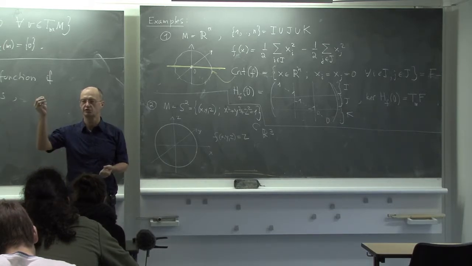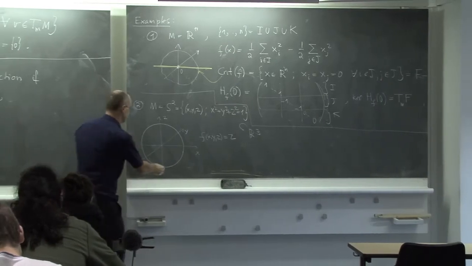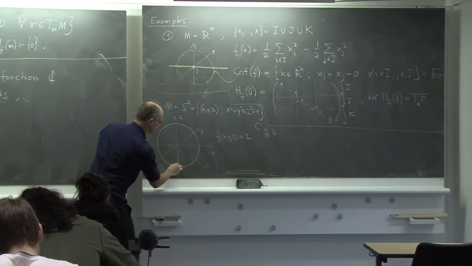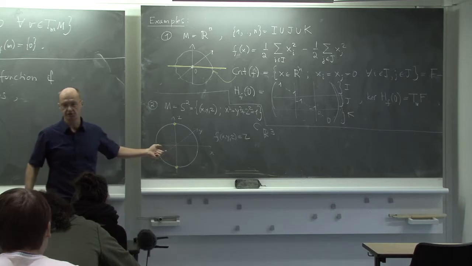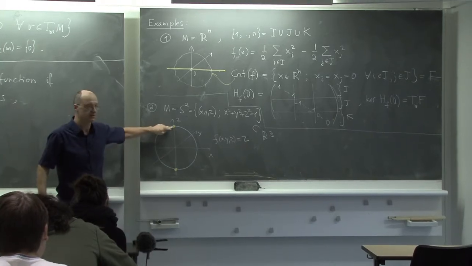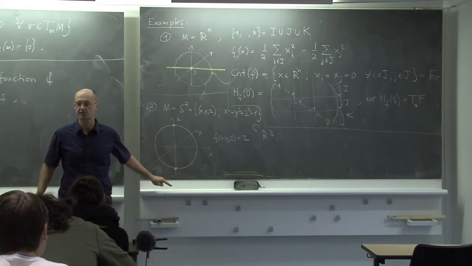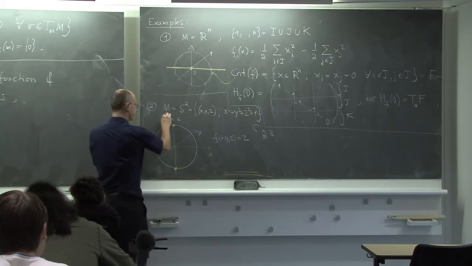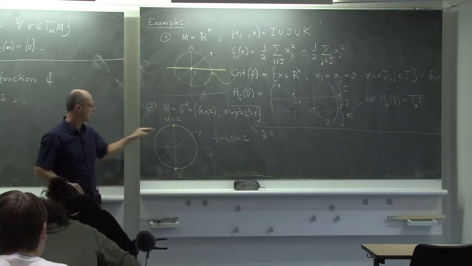I have this yellow chalk prepared to draw it. Of course, that needs to be checked. But these are the two points. In this case, the critical set is discrete. There is the north pole and the south pole.